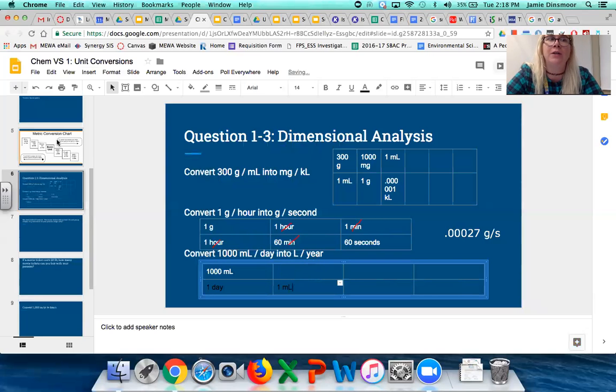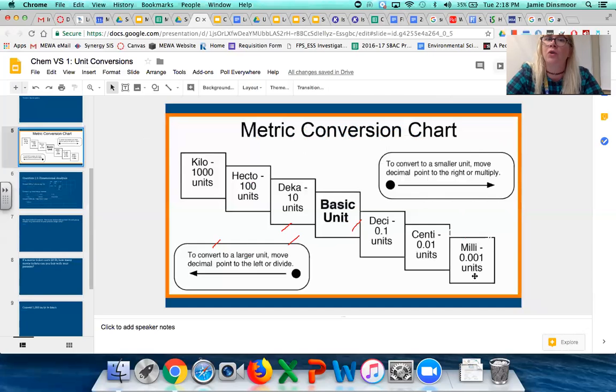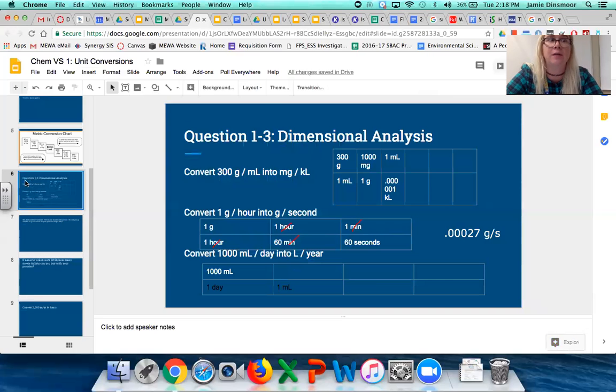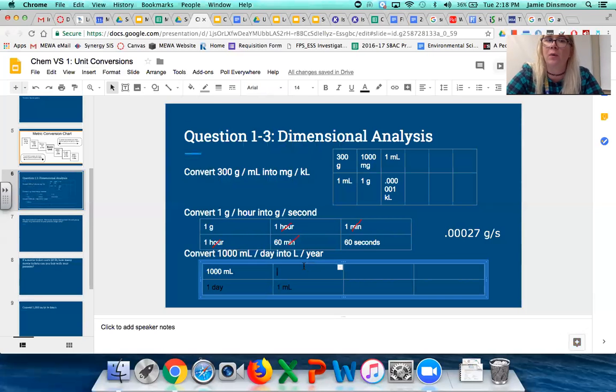And if we go back to our metric conversion chart, if we're starting at 1 milliliter, we know we need to move our decimal 1, 2, 3 places to the left, which tells us that we have 0.001 liters in 1 milliliter. So Bella, where are you lost?